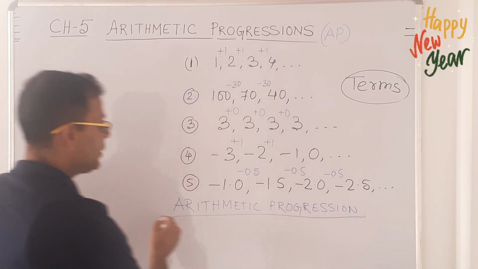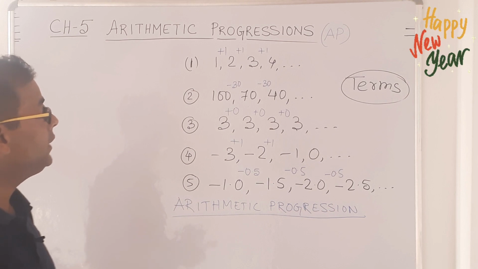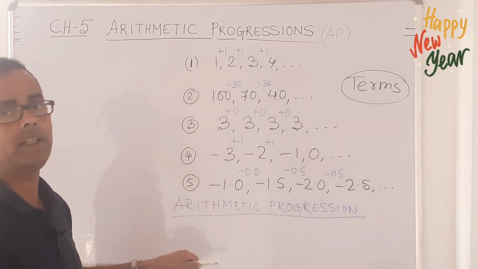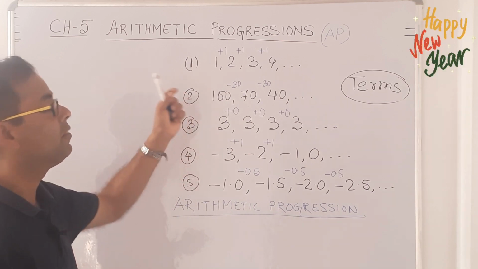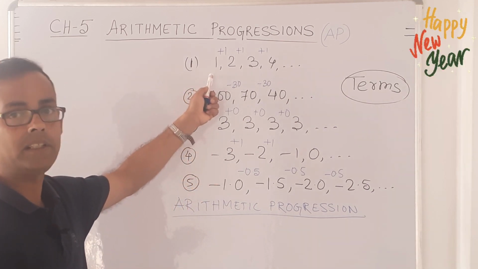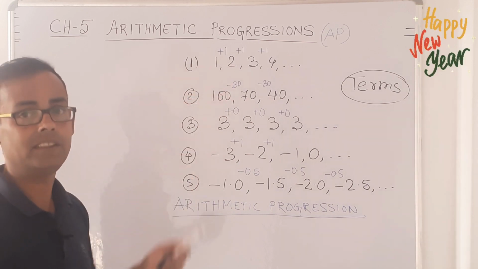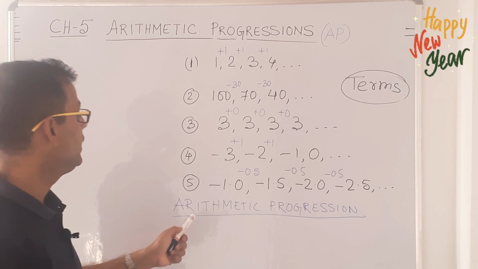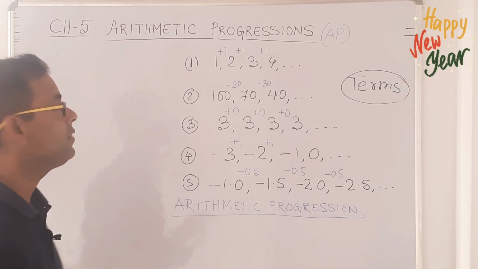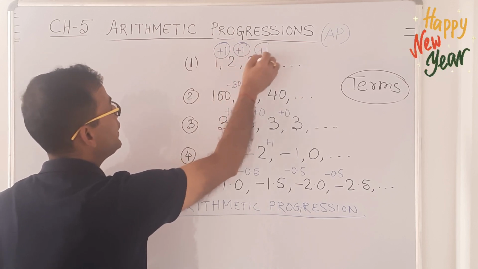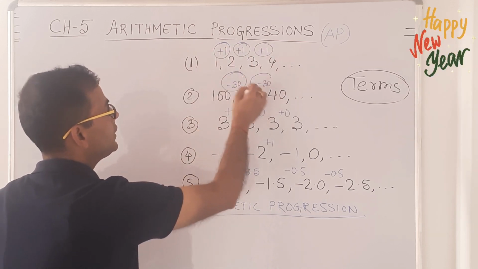When you are adding or subtracting a fixed number with the preceding term to get the successive term, then only it is an arithmetic progression. See, a fixed number, plus 1 every time, or minus 30.